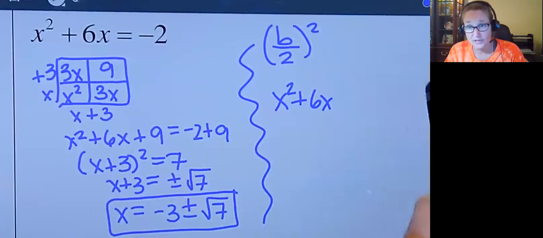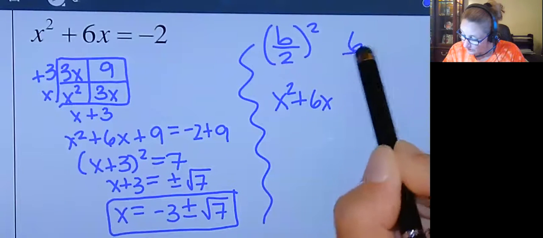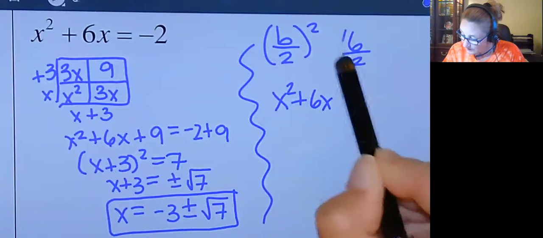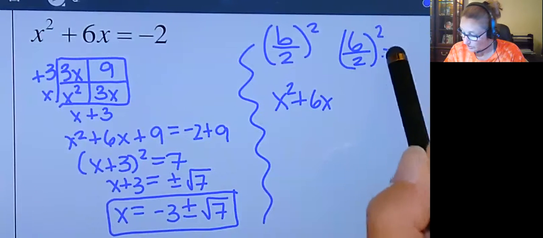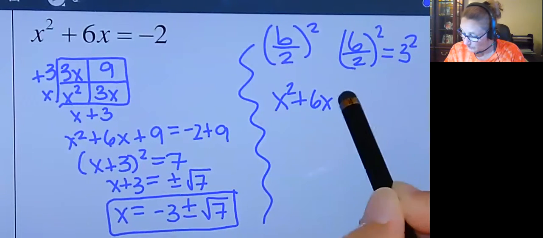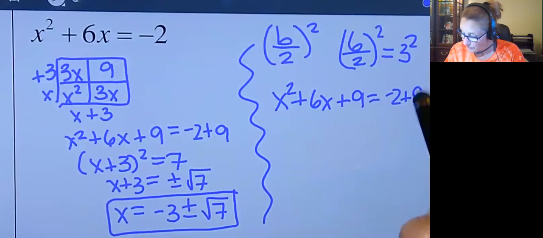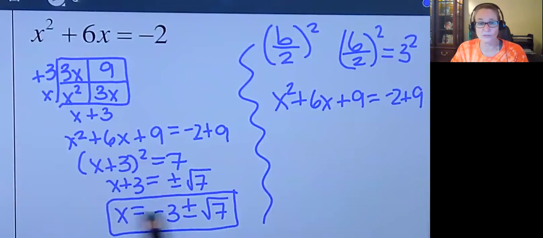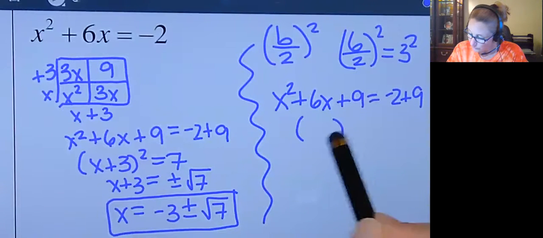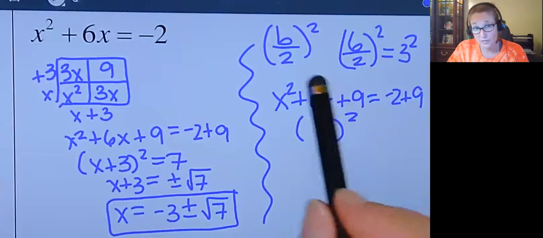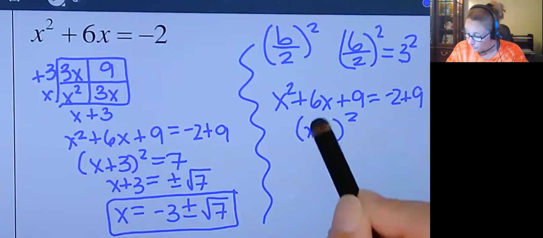So I look at my 6x and I go, okay, 6 divided by 2 squared, and that would be 3 squared, or 9. So I'm going to add 9 here, and I'm going to add 9 to the other side. And then I'm going to solve the rest of the way just like this. Now, sometimes it's a little harder for us to see the square, but whatever half of your b is, and half of my b was 3, that's what's going to go here.